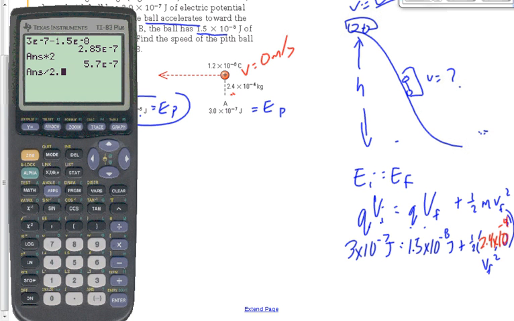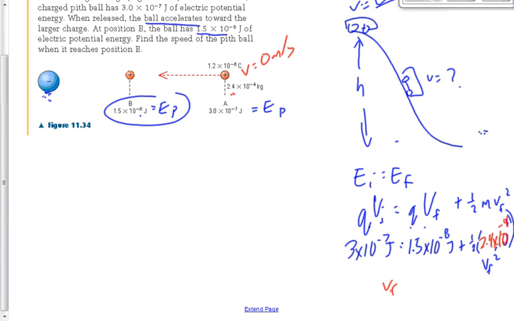Times 10 to the minus 4. 2.4 times 10 to the minus 4. And then we can't forget to square root that. We end up getting 4.87 times 10 to the minus 2. It should be 4.9 actually times 10 to the minus 2, 2 digits, right? Is that okay?